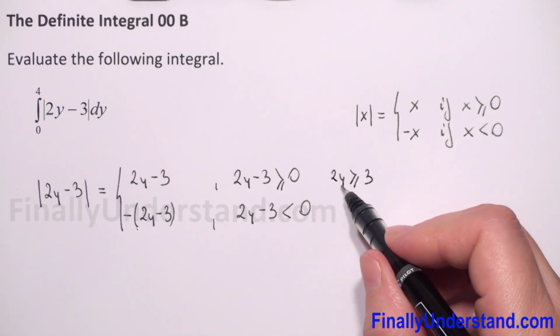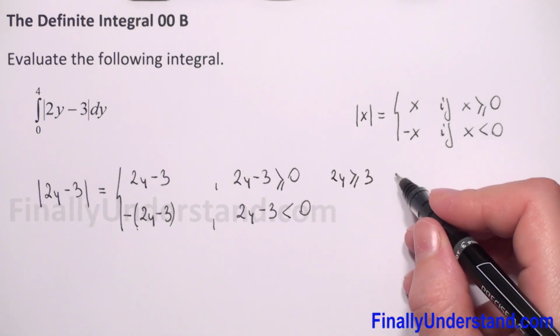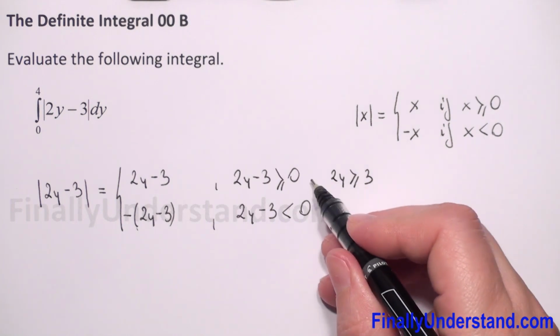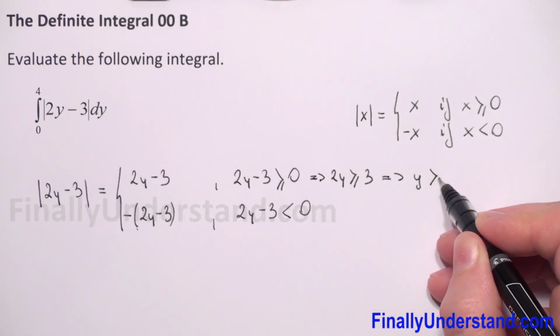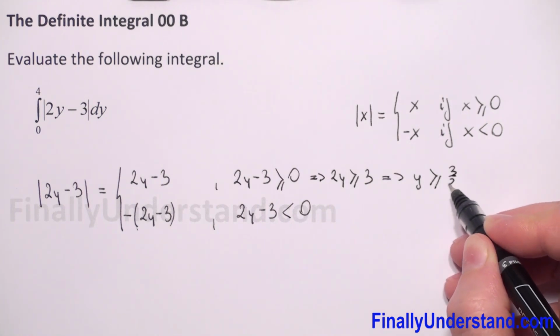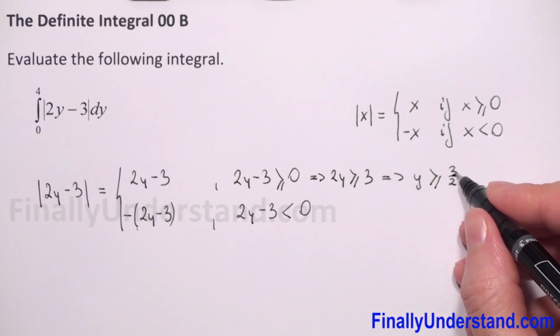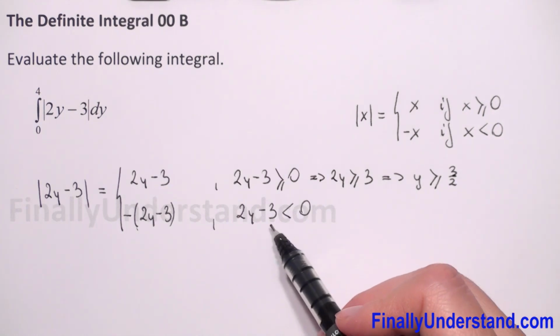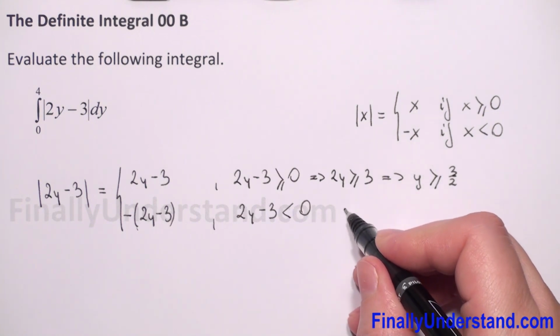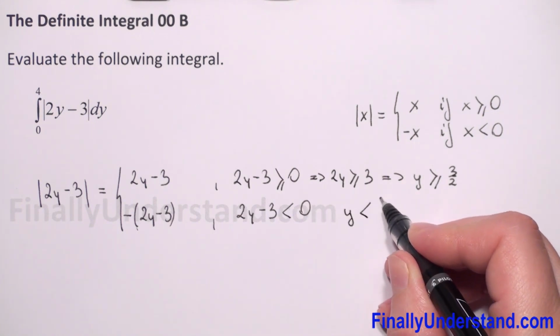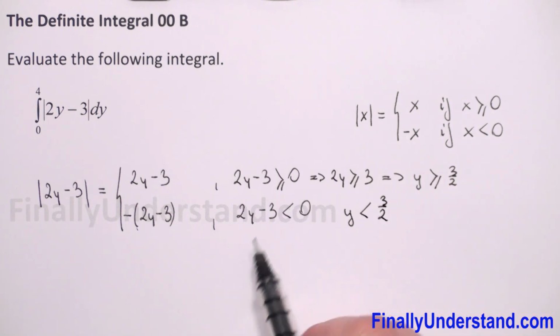Now we have to divide both sides by 2. So we will have y is greater than or equal to 3 over 2. This is 1.5, yes? And for the second, we have to only change the sign. So it will be y is less than 3 over 2, because we have the same expression on the left side of our inequality.